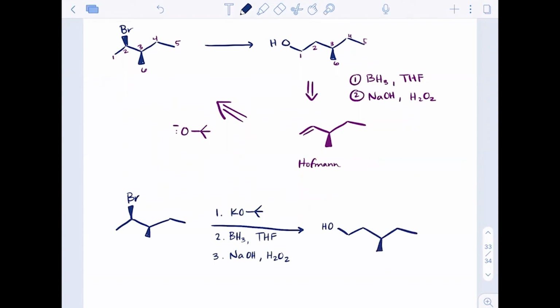Take the time with synthesis. We will be practicing synthesis throughout the rest of our time together. It's very important to be able to understand these steps, noticing all the tools in our toolbox, so that when you, on an exam, are given a multi-step synthesis, you too can step backwards and ask yourself, how do I make that specific functional group?